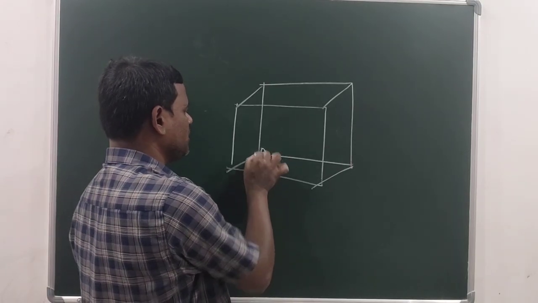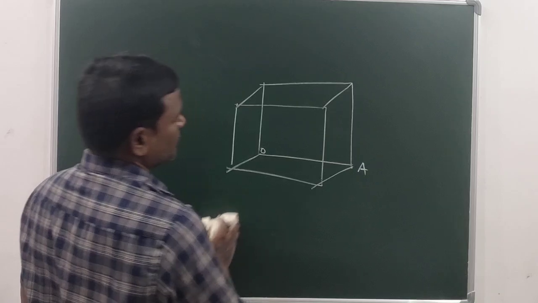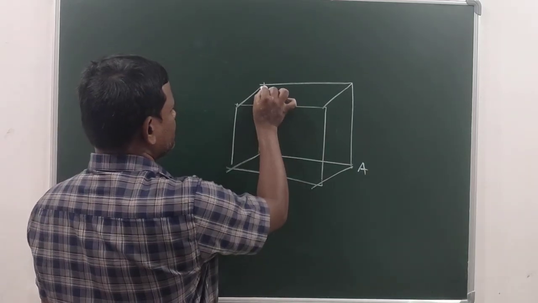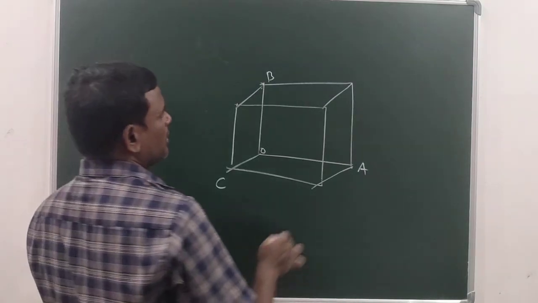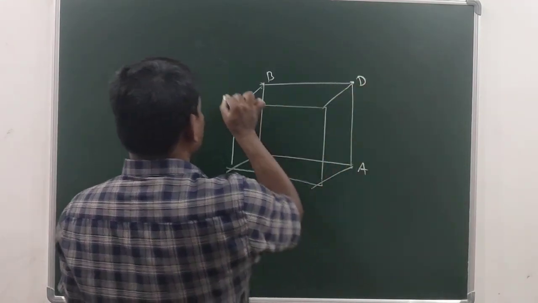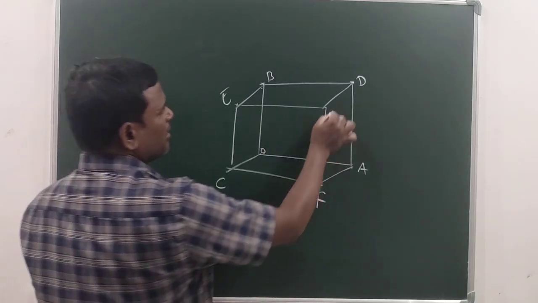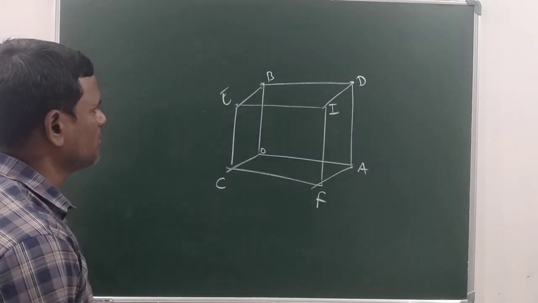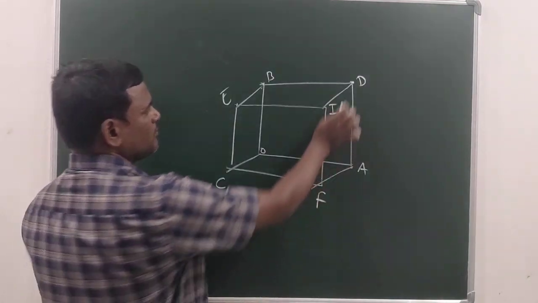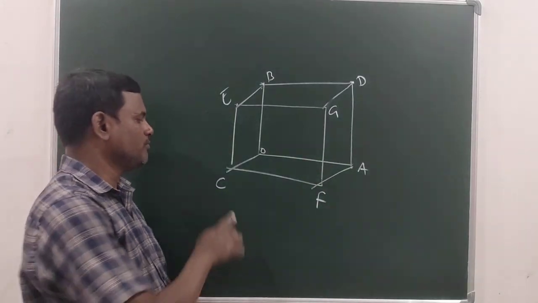See, suppose you take this as O, A, C, B, and D, E, F, G. So this is the cube.